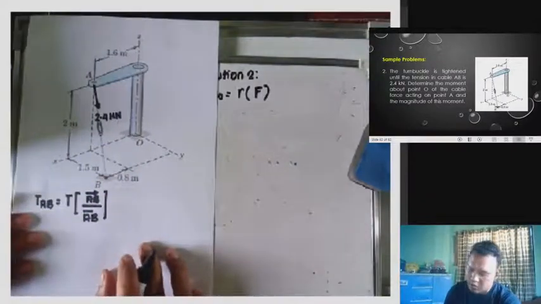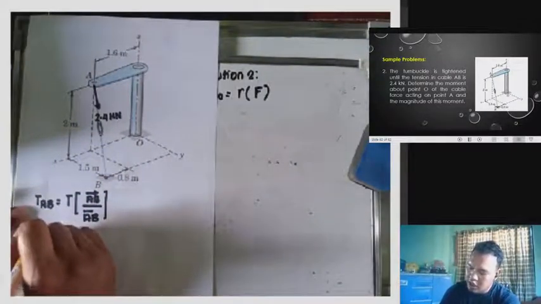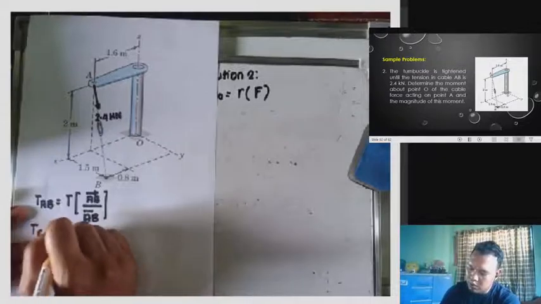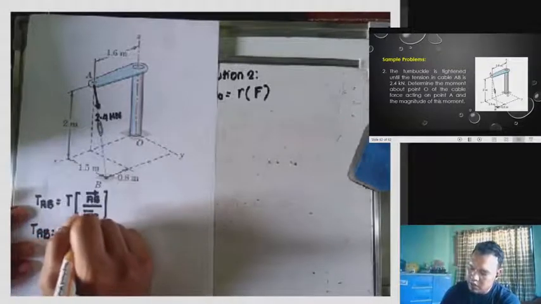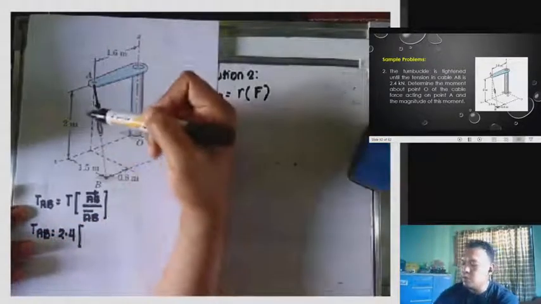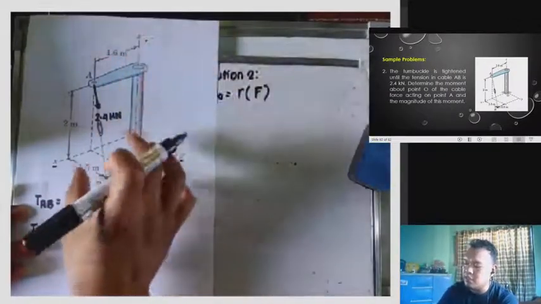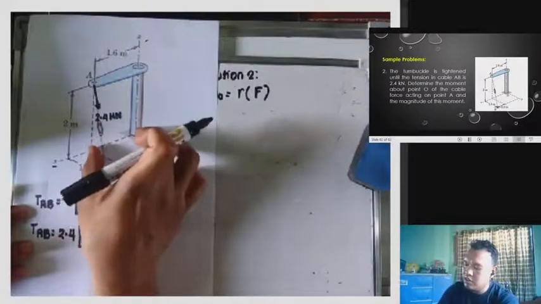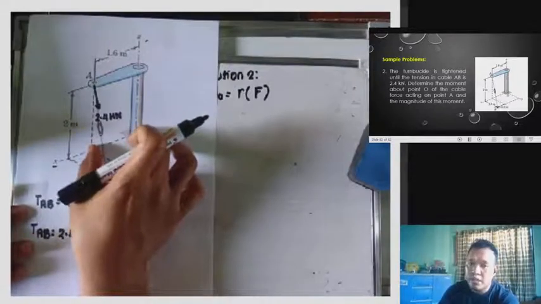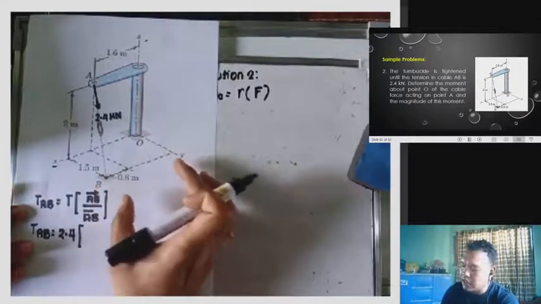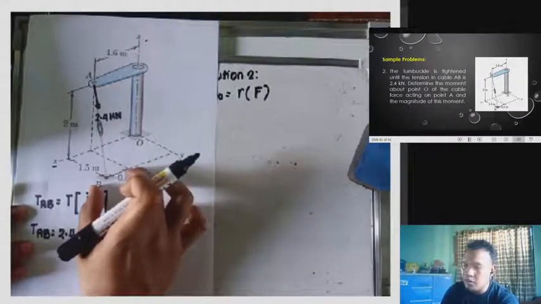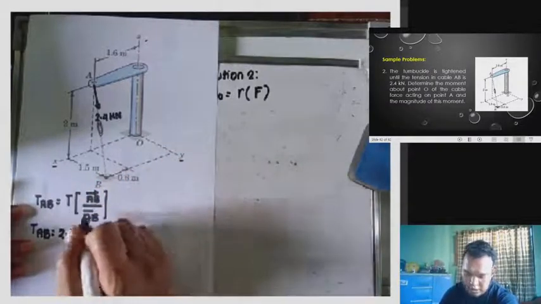Okay. T_AB is equivalent kay 2.4 multiplied by AB. So, ito yung x-axis natin, y-axis, and z-axis natin. So, therefore, ito is 1.6 at yung kabuuan nito is 0.8 lang tong nandito. So, ibig sabihin, meron tayong 0.8i.